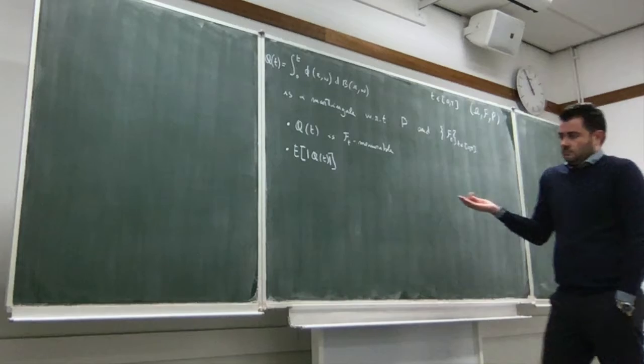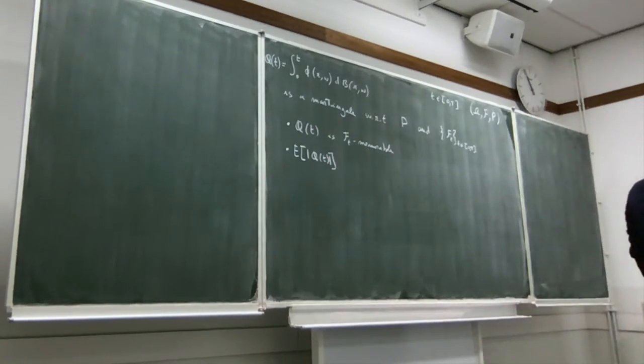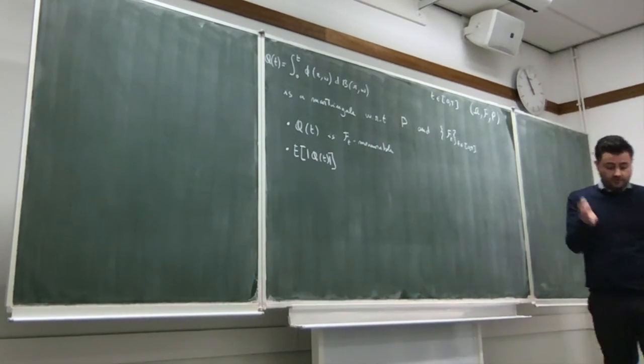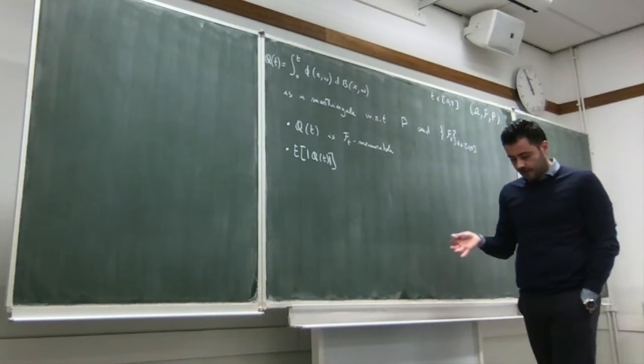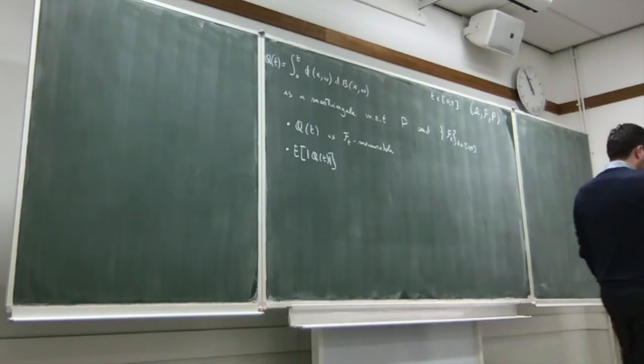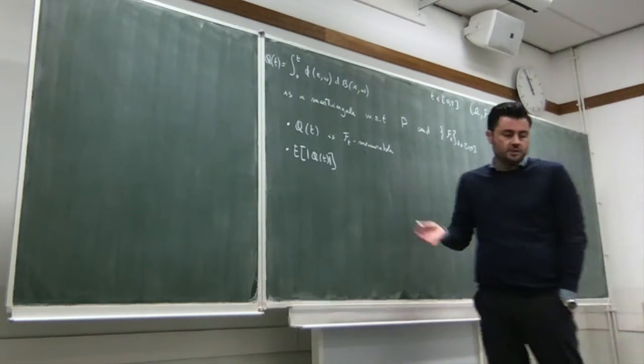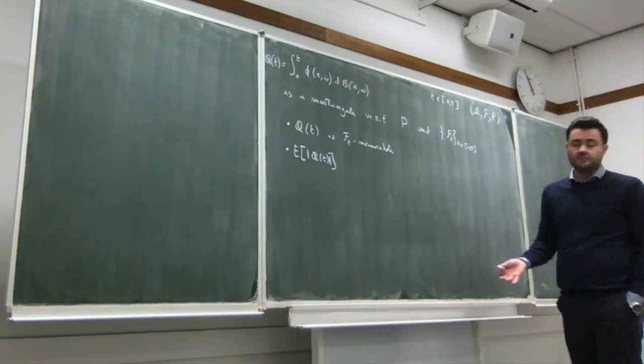Why? Here you can give different interpretations. What I like is the trivial one. You define a process, a martingale, that relies on the expectation, okay? And you want the conditional expectation to behave in a certain way. So you want the expectation to be finite, to be defined.